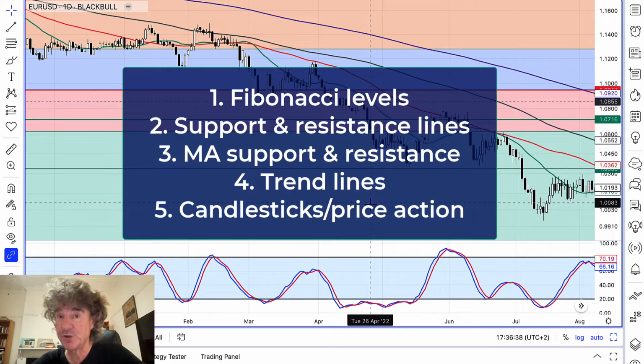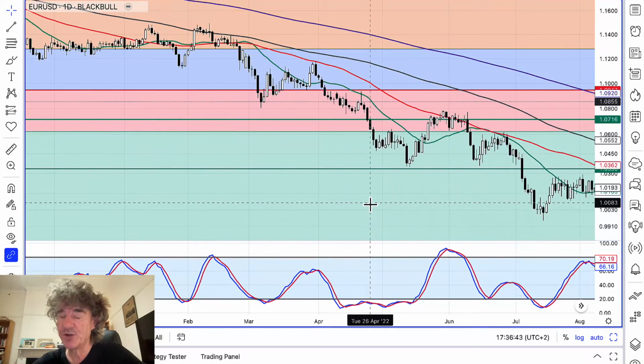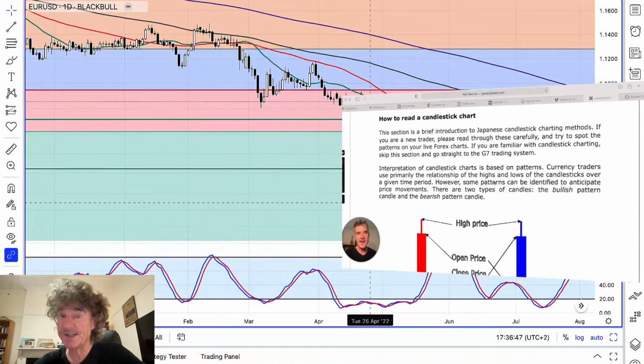It's a very useful tool, but you need to look at trend lines, horizontal lines, Fibonacci levels, moving averages as support and resistance, and then finally, and most importantly, price action, which I prefer to study by looking at the candlestick formations on the charts.